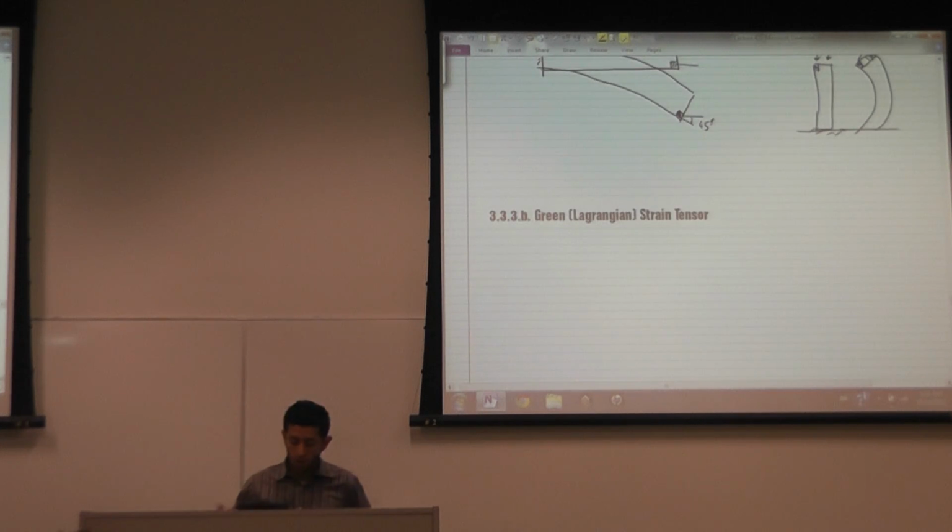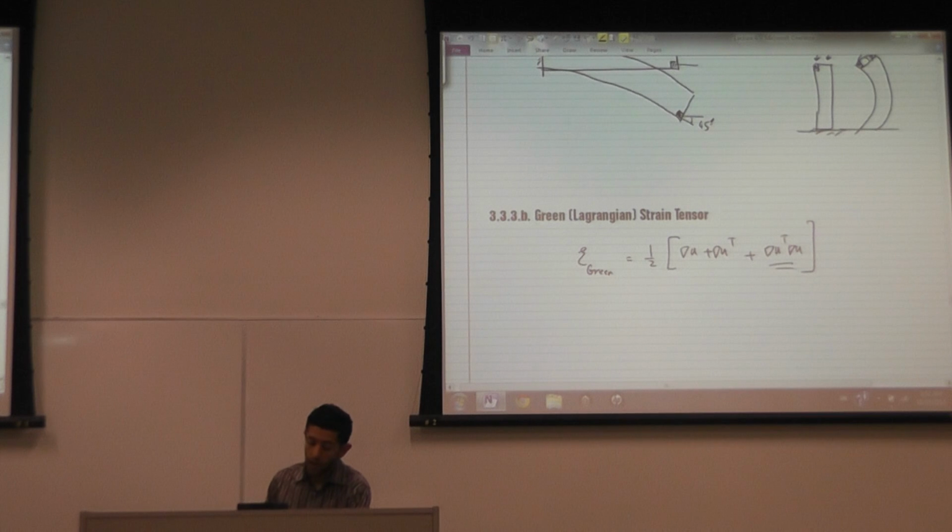The Green Lagrangian strain tensor is defined as half the gradient of u plus the gradient of u transpose plus an additional term. And this takes care of that rotation.